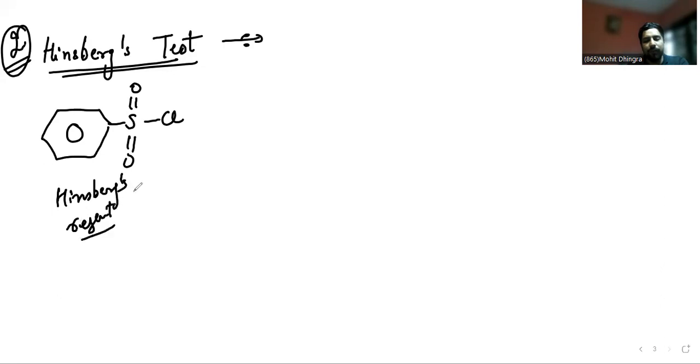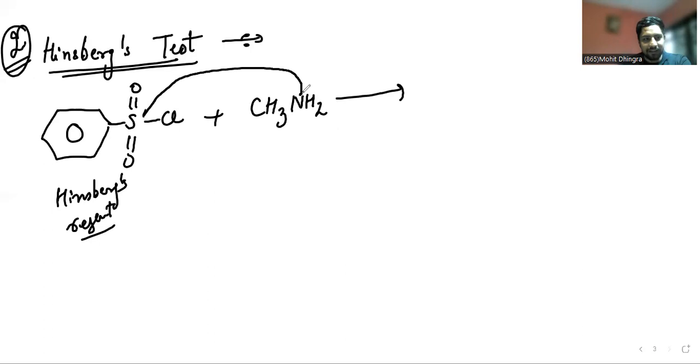In this Hinsberg's reagent, we add primary amine, CH3NH2. What will be formed in this? The nitrogen will attack at this sulfur.